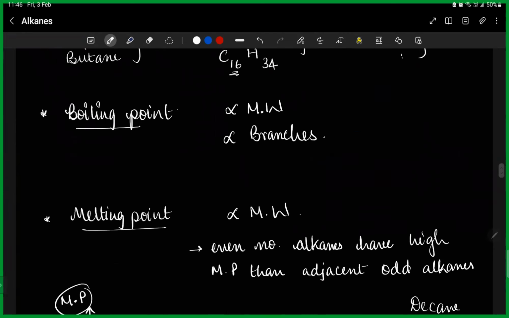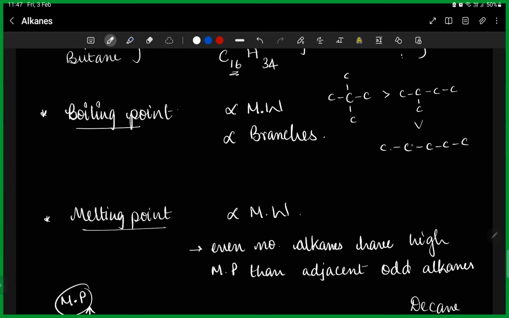So when we talk about the boiling point of alkanes, it is directly proportional to molecular weight, and it is also directly proportional to the number of branches. Now let us take an example. Let's take neopentane, then 2-methyl butane, and then n-pentane.